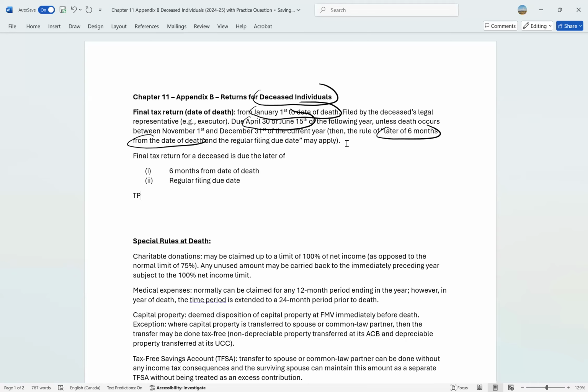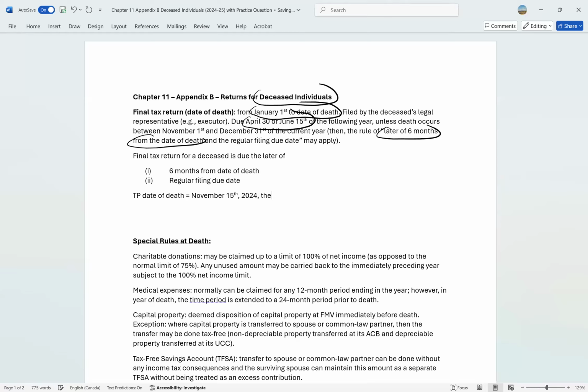So let's say we have this taxpayer and let's say their date of death is November 15th, 2024.